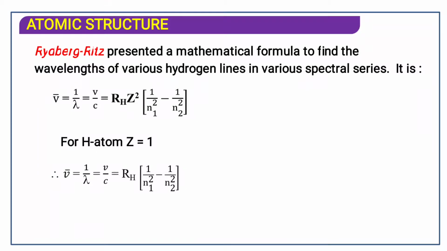For hydrogen Z equal to 1, so 1 upon lambda is equal to R H (1 upon n1 squared minus 1 upon n2 squared). Even I can go ahead with the cross multiply.